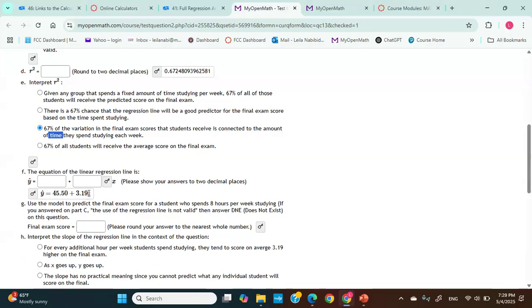That means by replacing x by 8, we can find the predicted final exam score that the student receives after 8 hours studying per week. So whenever you have a number for x and you want to find the predicted y value, you just plug the number into the equation. So we replace the x by 8 in this equation. So what do we get?